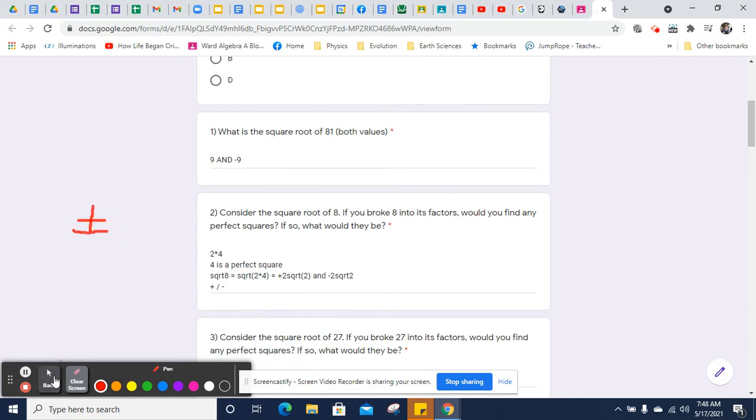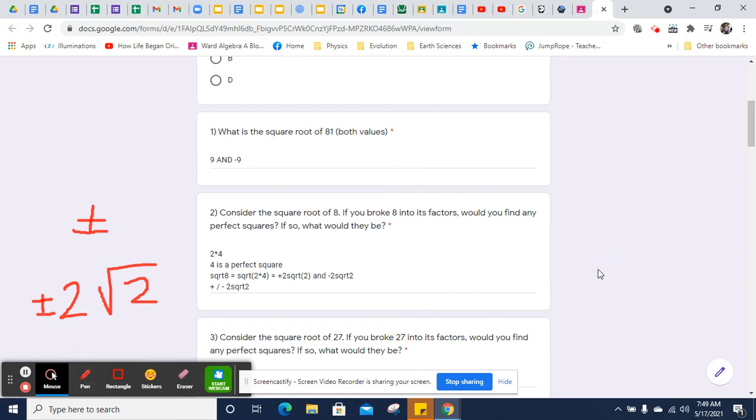That is a symbol that is just not available to me with my typing resources here, but that means plus or minus. It means two different numbers. So we'd say 2 square root of 2, and the way that would be written nicer would be 2 square root of 2 plus or minus. Now, unfortunately, I don't have that kind of typing tool.